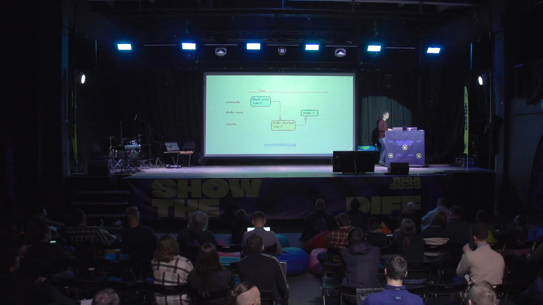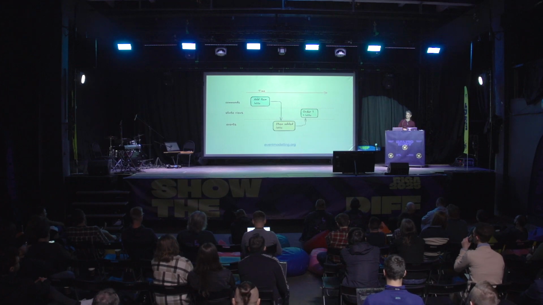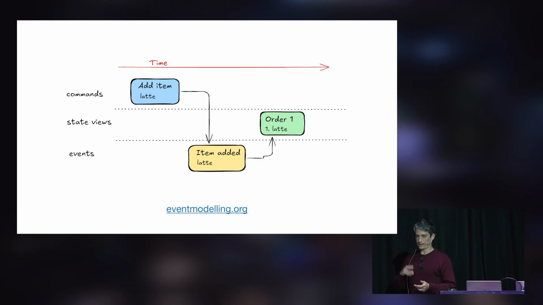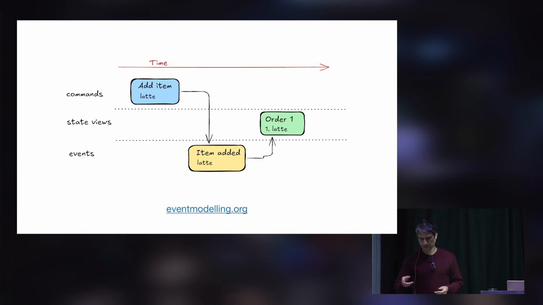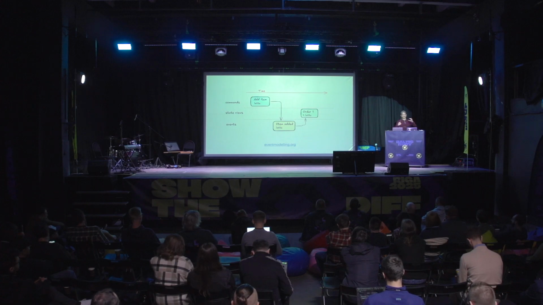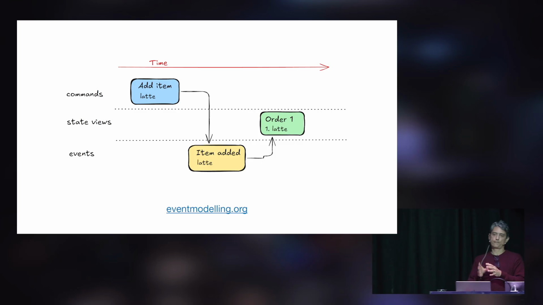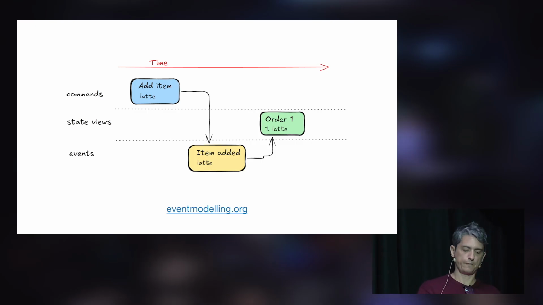Then we collect those events, and we apply them to a bit of state, and we get to the current version of that order. It's an order with an ID, order 1. And we keep going. We send the next command to that order, add item, it's a latte, resulting in an event. Now we apply that event to the current state that we had from before, and now we have an order called order 1 with one product in it, a latte. Right, so we can derive current state from historical events, from facts that have happened.